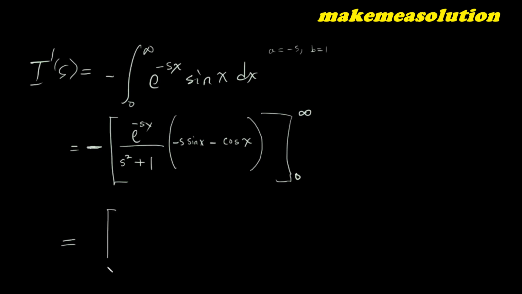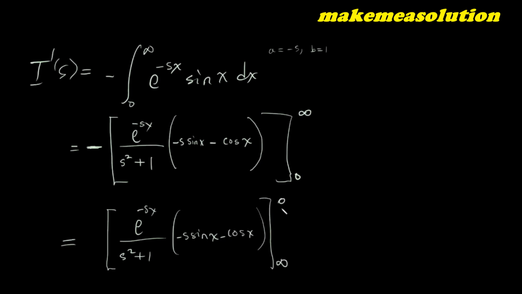So the bracket becomes exponential minus sx over s squared plus 1, times minus s sine x minus cos x, evaluated from 0 to infinity. It's just the effect of this minus sign, which I use to change the order of the limits. Is that okay? I'm going to go to a new page.